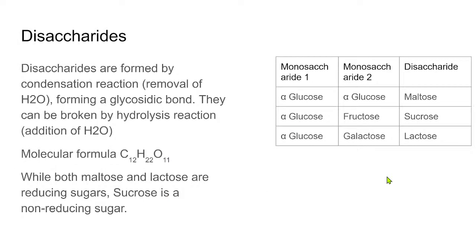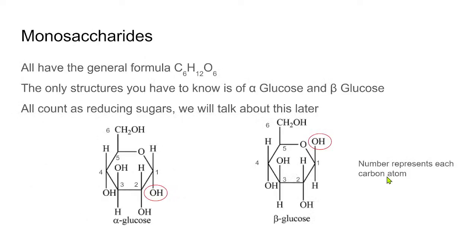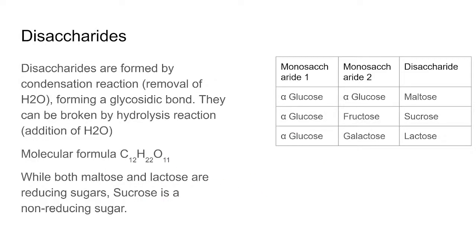Disaccharides. Disaccharides are formed by condensation reaction. So this is your removal of H2O and forming a glycosidic bond. This will happen between carbons 1 and 4, so carbon 1, carbon 4. These will produce your disaccharides, di meaning 2, so 2 sugars. And they're again broken apart by hydrolysis, so your addition of water to make your two molecules again, breaking the glycosidic bond.